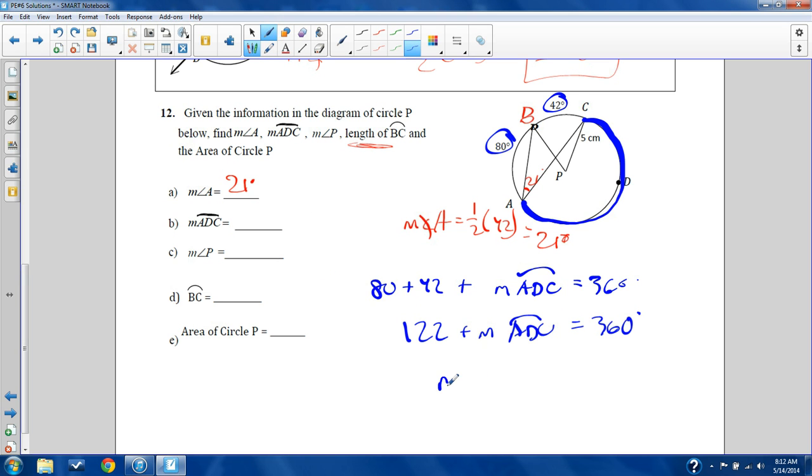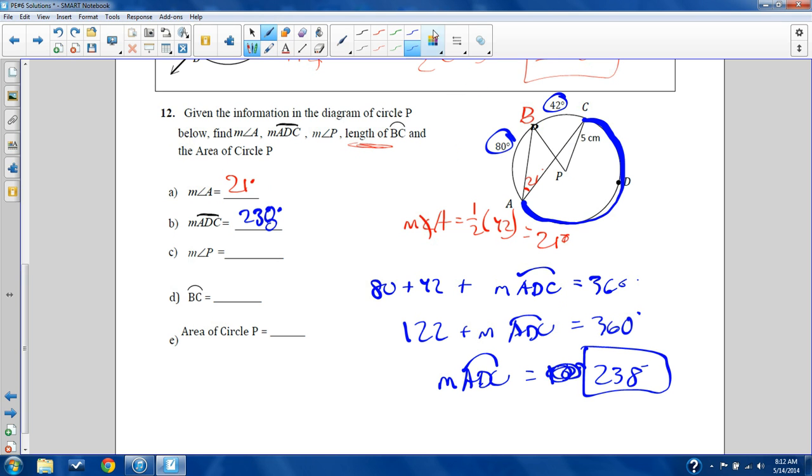Subtract 122, measure of arc ADC equals 238 degrees. Yeah. So that's 238 degrees.